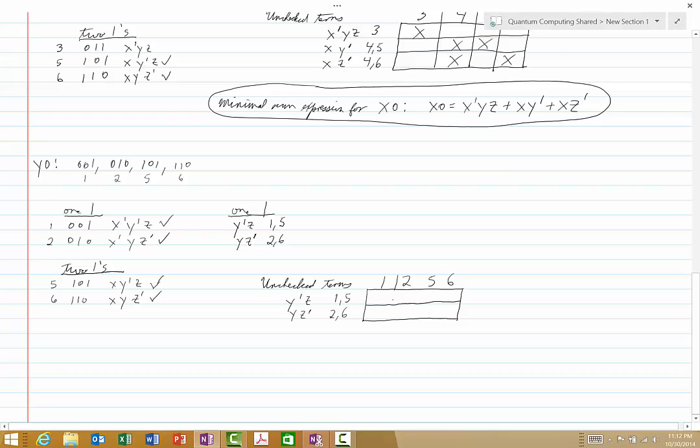It's going pretty quickly. Every one of those x's is alone in its column, and therefore both of these terms are necessary. So the minimal sum expression for YO is y prime z or y z prime.